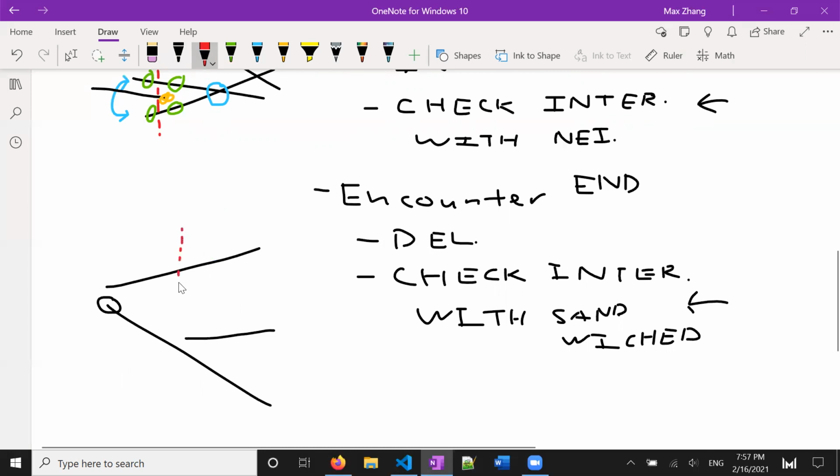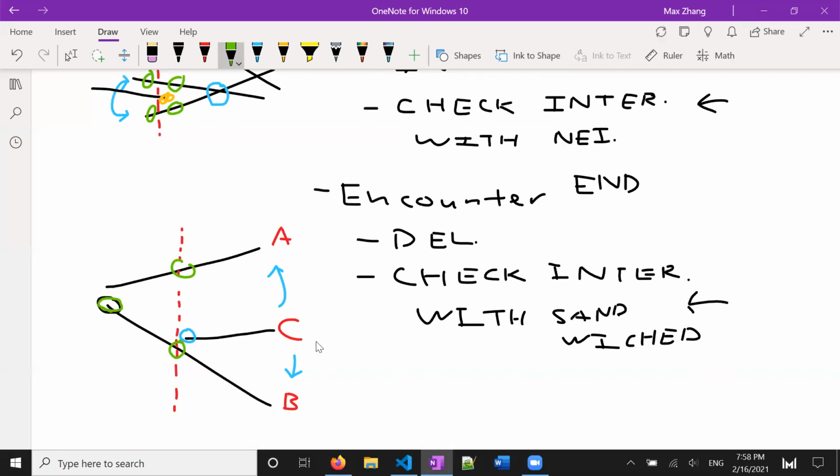So let's label these. Let's say this is line A, this is line B, and now we're inserting line C. If we're comparing based on the current y coordinates, then C should go in between A and B, right? However, if we instead use the y coordinates of the endpoint, then C will get erroneously placed not between A and B, but instead below B. And that is the incorrect place to place it.